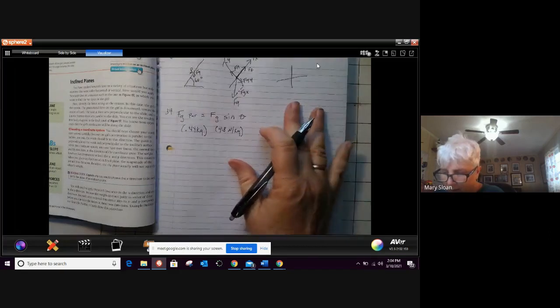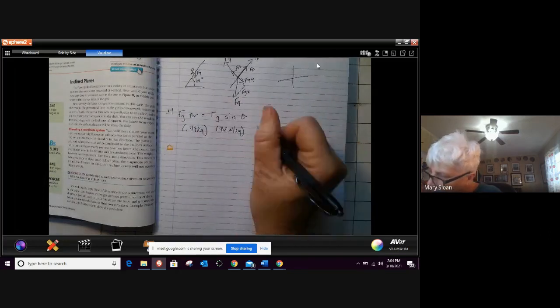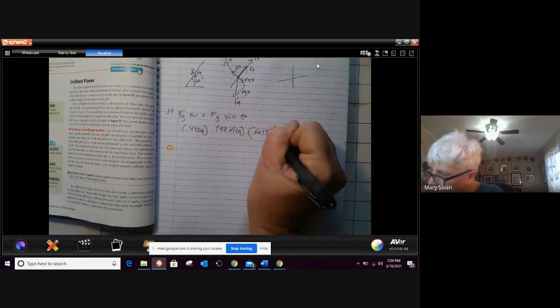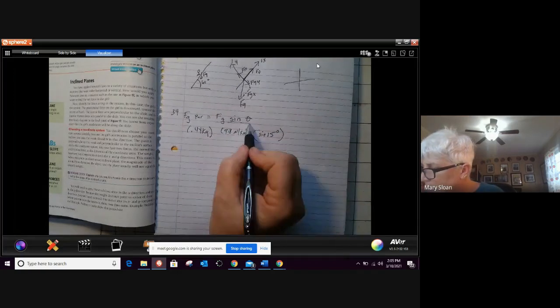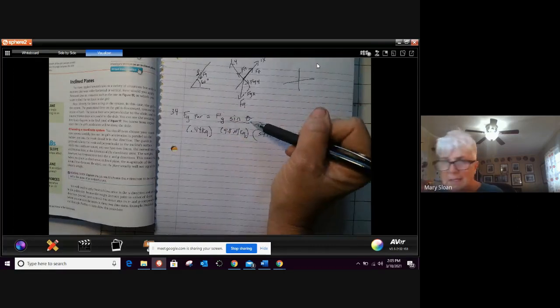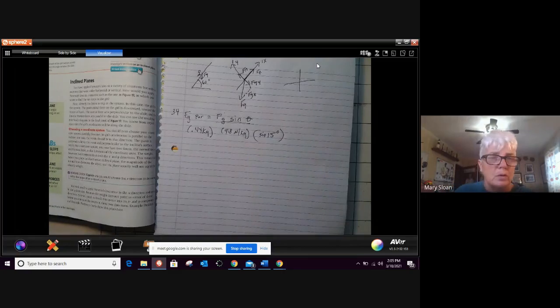And then we know that the angle was 15, and we're going to use sine. So I'm using this equation right here: the force of gravity times sine of the angle, okay? I'm going to try to see if my calculator will pull up.